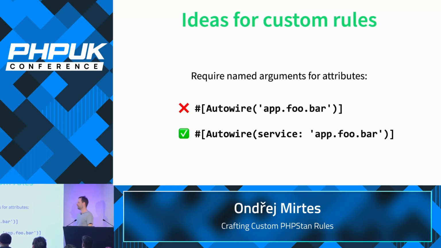Another idea is that you should require named arguments for attributes, because it makes it much more self-descriptive. So when you are creating new attribute, and maybe it has multiple arguments, you can describe them with named arguments, and it makes it much more obvious what the string is for.